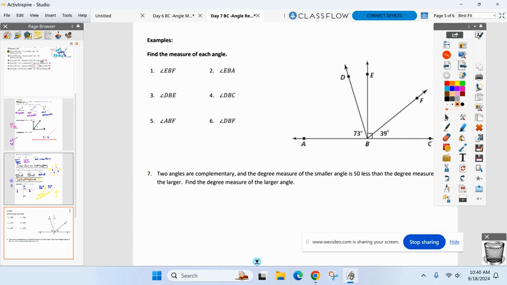Just some basic finding an angle before we get into some more honors level. Please notice the symbol I put at angle EBC.